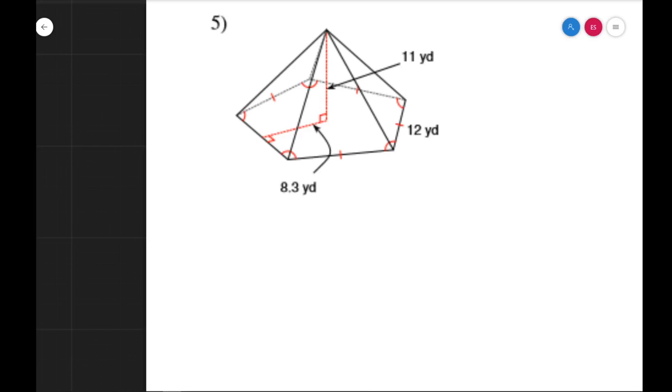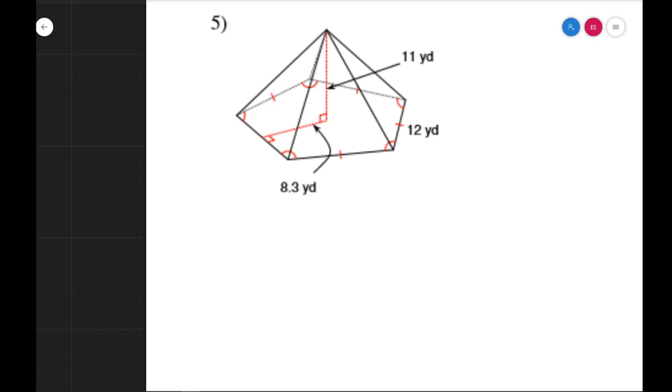This one is looking at the recent assignment that you had where you were asked to find the volume of different shapes. So this is an example, one of your homework problems that you had. And I use that term loosely because it's all pretty much homework right now, but I think you get what I mean. This is a pyramid, but it's a pyramid with a strangely shaped base.